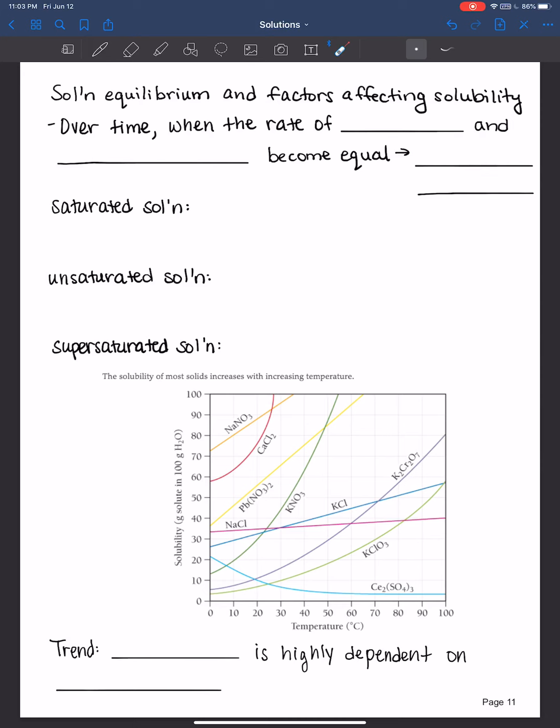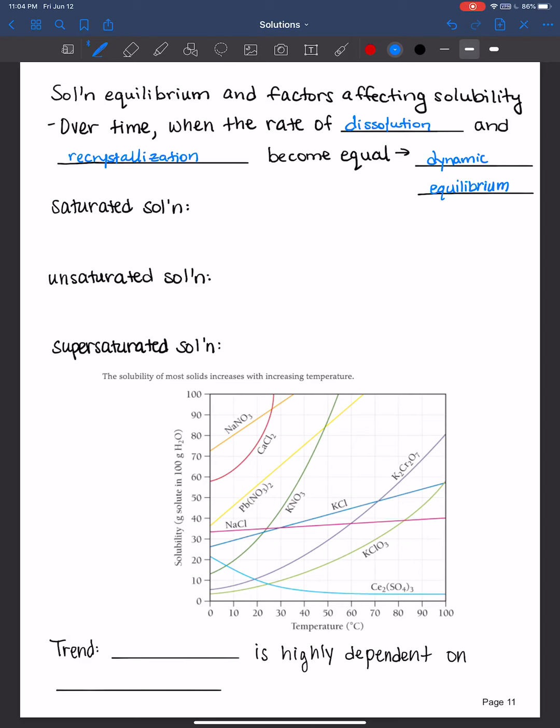So over time, when the rate of dissolution and recrystallization become equal, then we're in dynamic equilibrium. So let's say we're preparing solutions and we make a saturated solution. What does that mean?